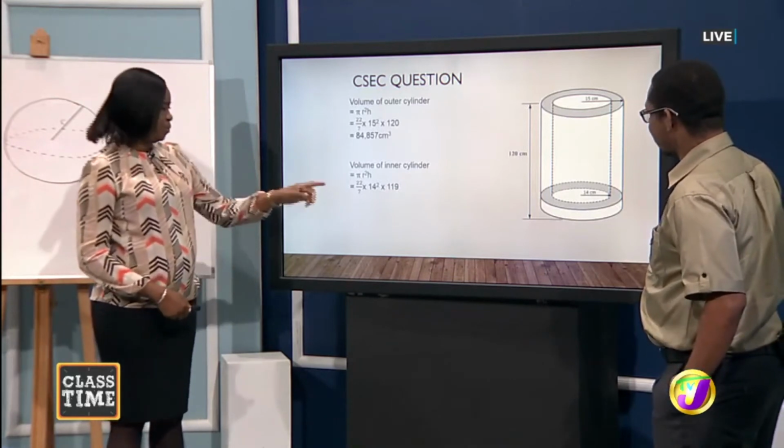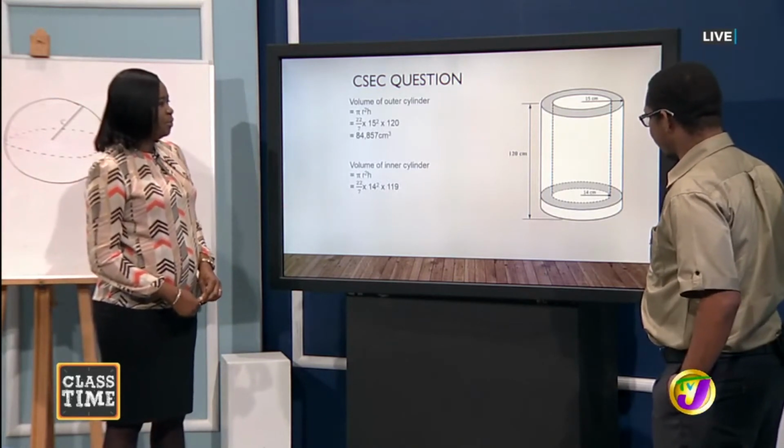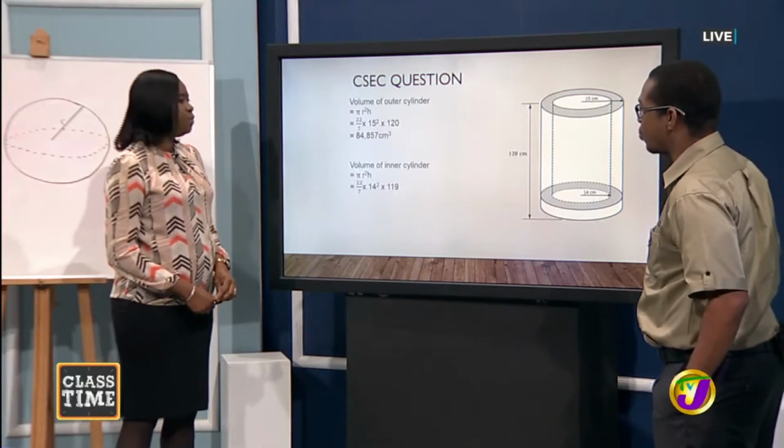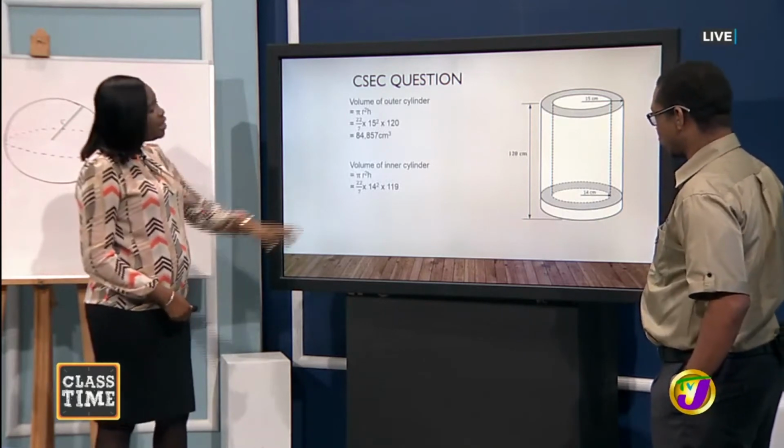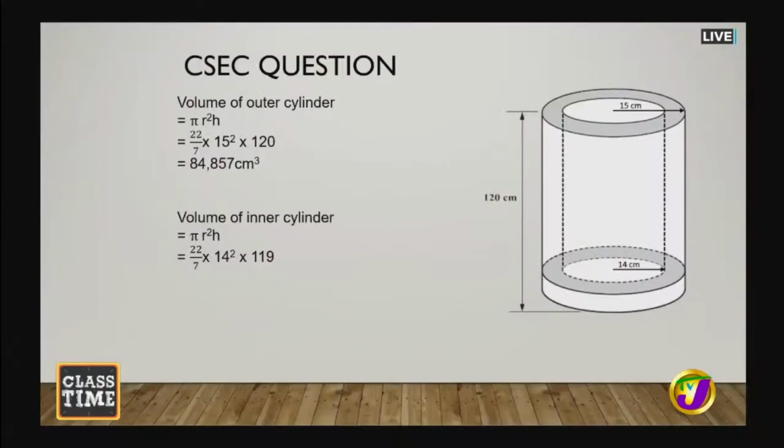So if it had a uniform thickness throughout, the height would also have to be 1 centimeter less. And that's how we get the 119 for the height of the inner cylinder. Substituting those values, using radius 14 centimeters, we get a volume of 73,304 cubic centimeters.